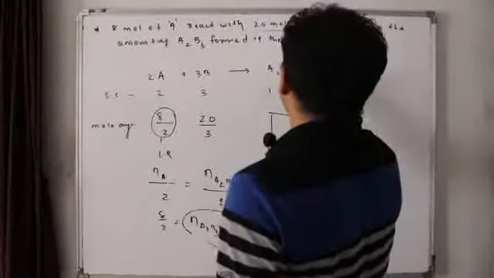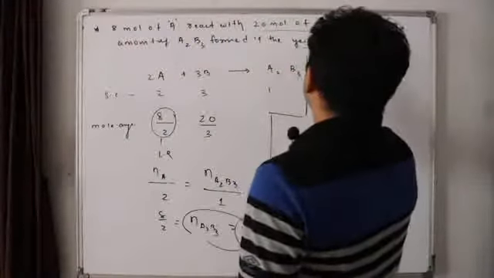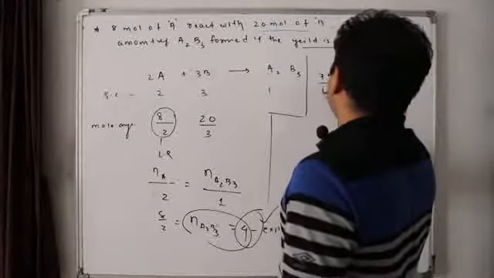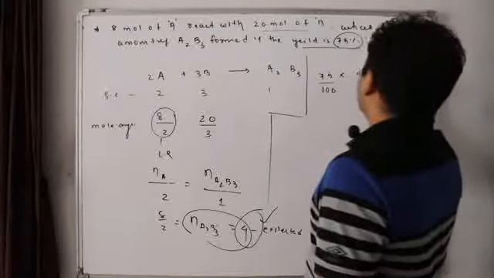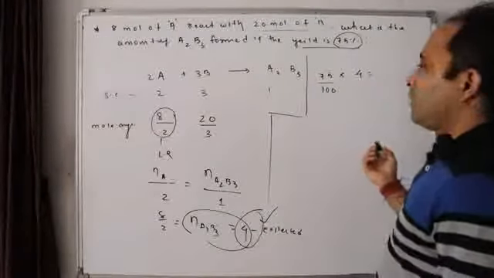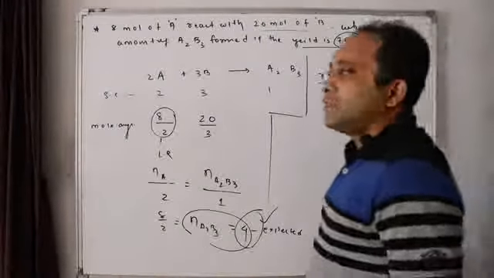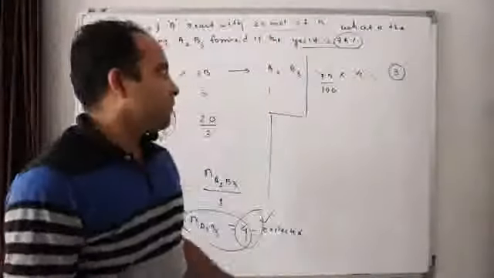But it is given that 75% is the actual product formed. So 75% of 4 is how much? Is it 3? Yes or no? 75% of 4 is 3.